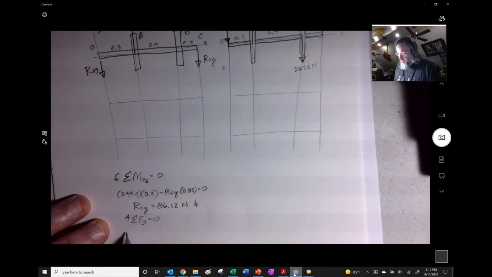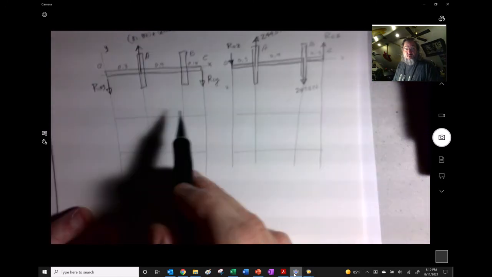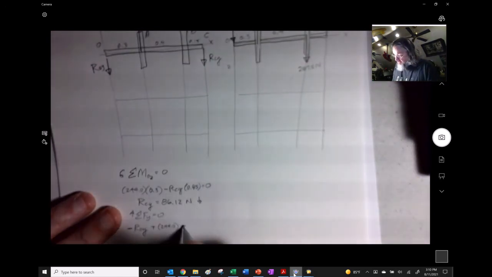Sum of the forces in the y direction equals 0. Up is positive. So I get negative ROY, positive 244.0 going up, right? Up. And then I know this is a negative 86.12.